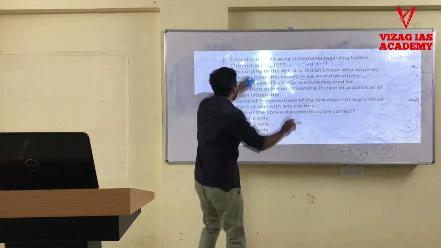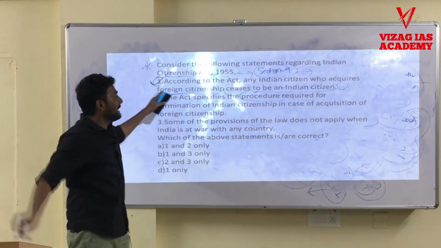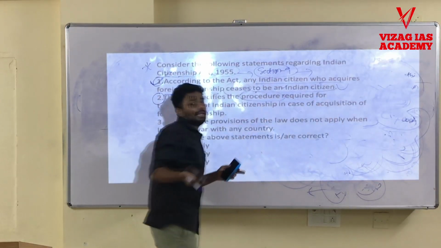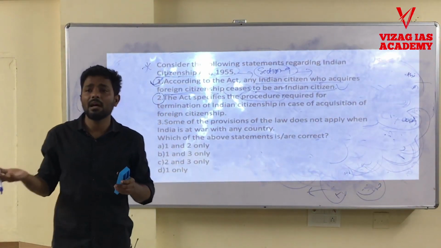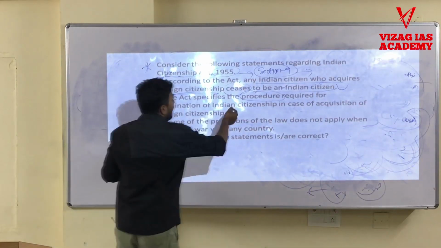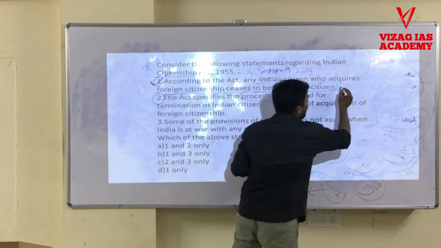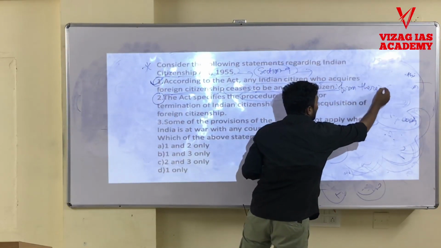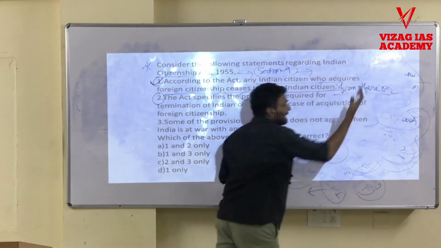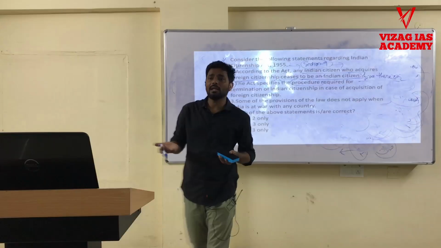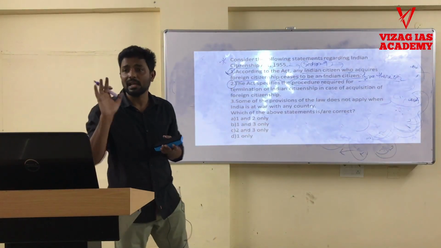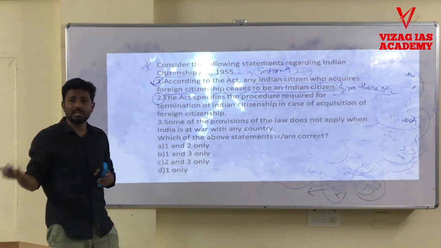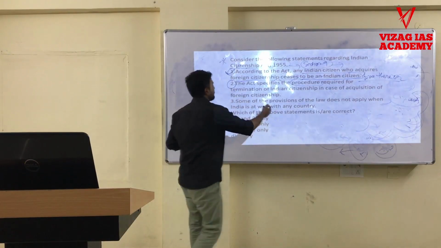It simply states the first statement: if any Indian citizen voluntarily acquires foreign citizenship, he ceases to be an Indian citizen from that date onwards. There is no other procedure mentioned in the 1955 Act. There is no termination procedure.